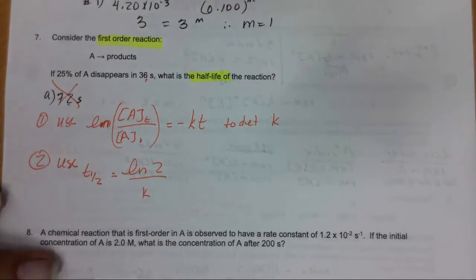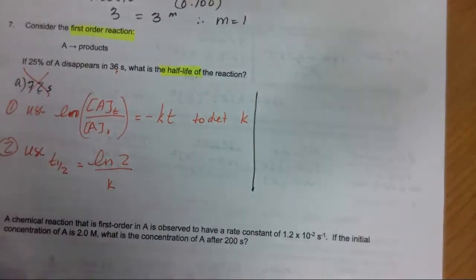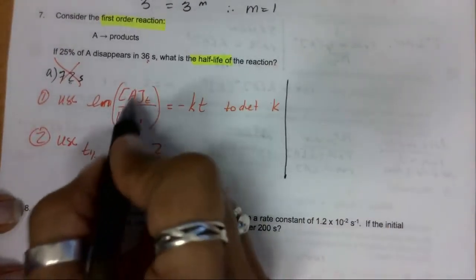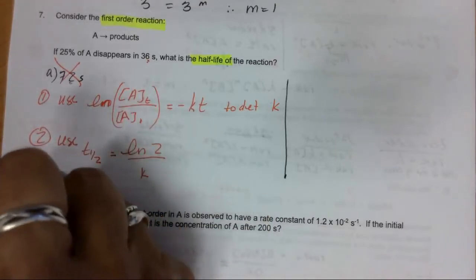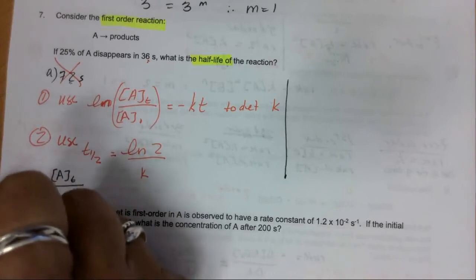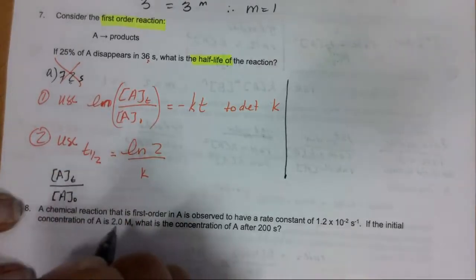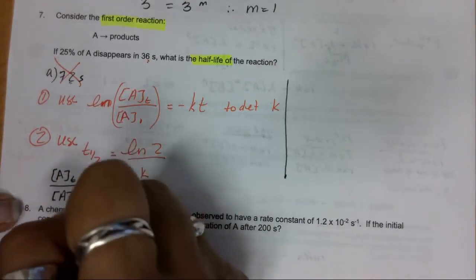All right, so let's look at that. Now, let me ask you something. What does this mean? What is the ratio of the concentration of A at time t over the initial concentration of A? Remember, this is real important. This is key to this problem.